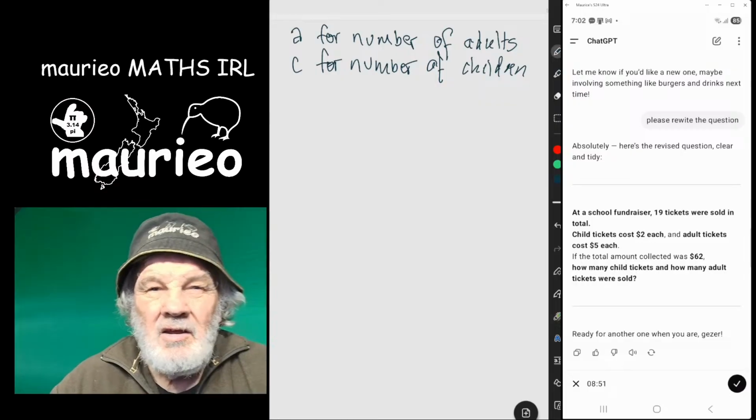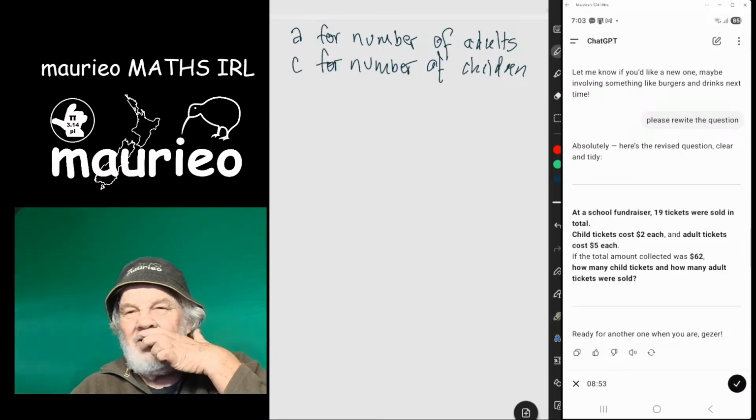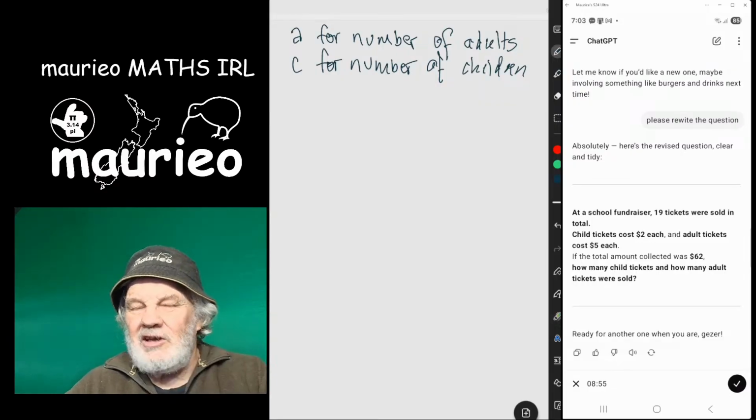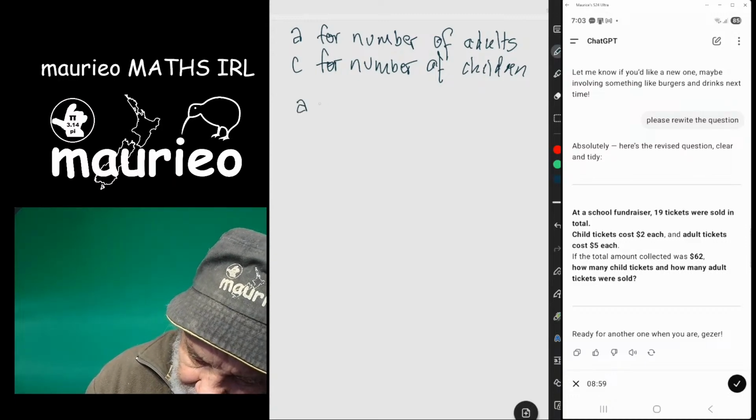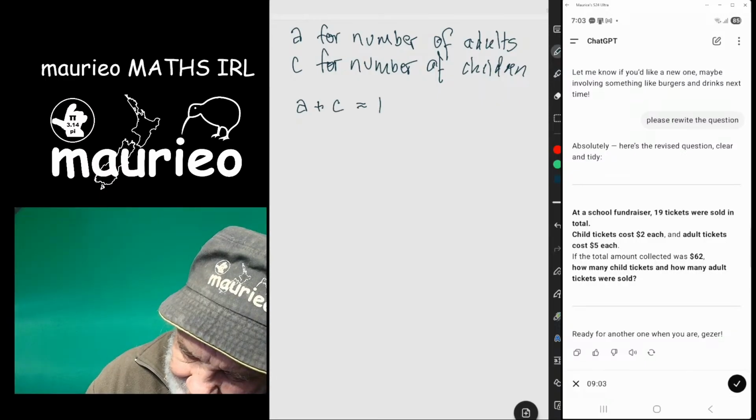So we'll just use that. The total number of tickets is 19, so therefore the adults plus the children equals 19.